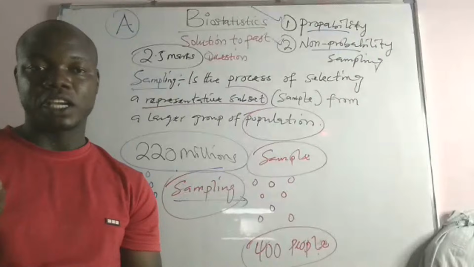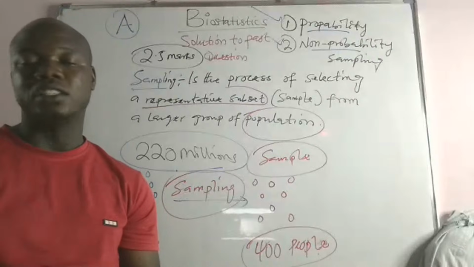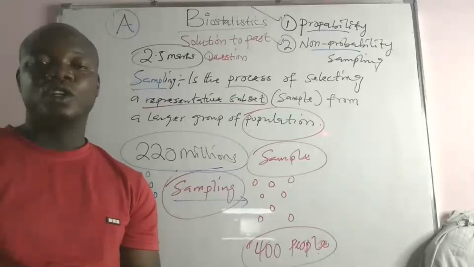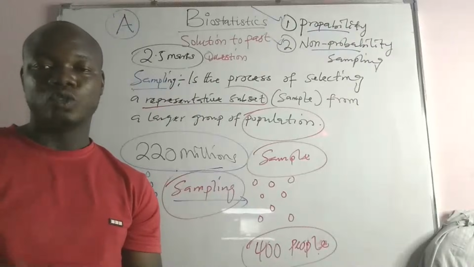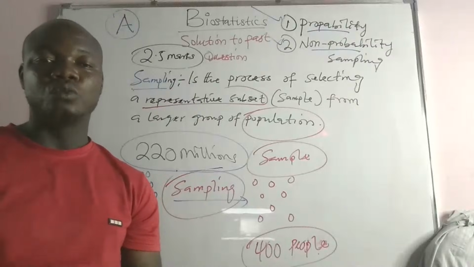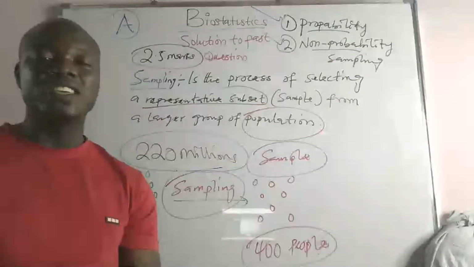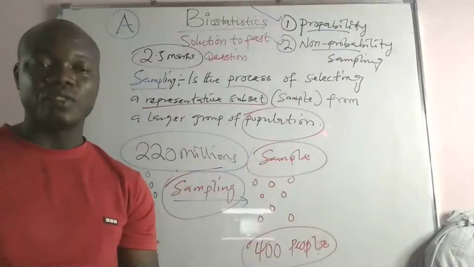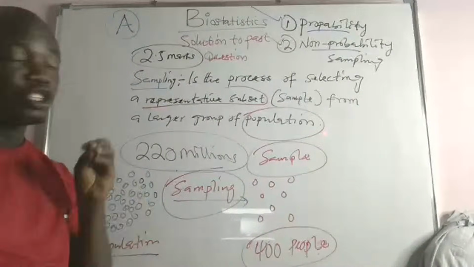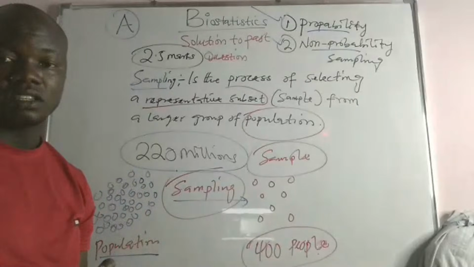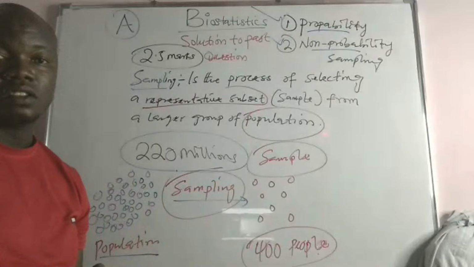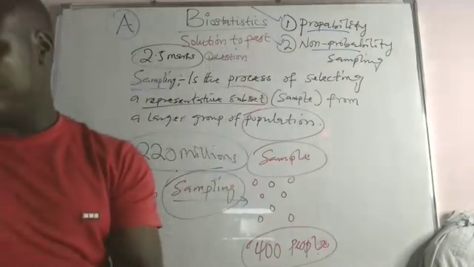So you introduce bias. So that is non-probability sampling. It always introduces bias and it's not reliable. So that is why it's not advisable to always use it, even in a study or in any reports that you are going to do in the hospital, one that always produces better data. So that is the difference between the two.